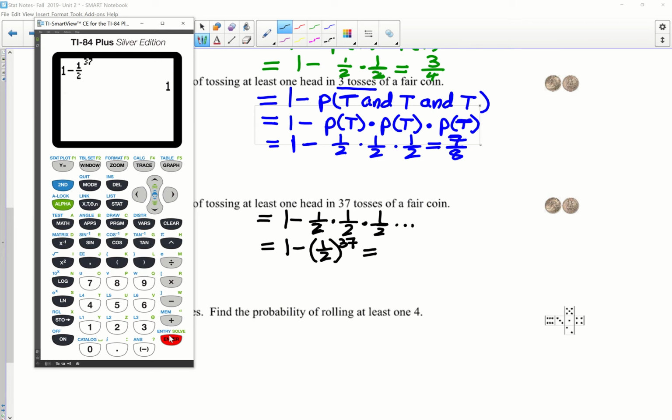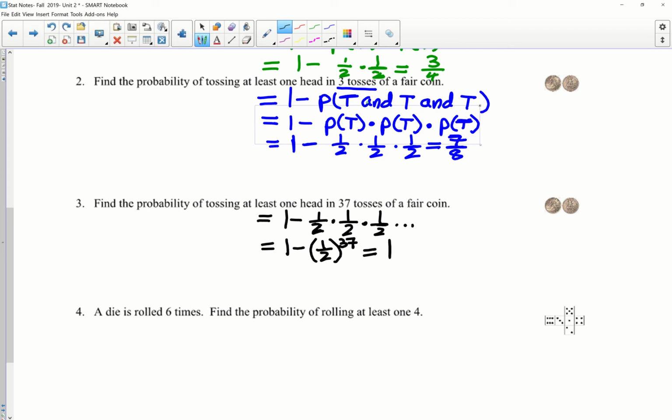So the calculator is saying 1, and we'll write what the calculator says, but this is saying virtually 1. Virtually, in normal people speak, is the same as saying damn near. So it's damn near 1, but it's not exactly 1. It's 0.999999999, I keep throwing in 9s there, but it's so close to 1 that it might as well be 1.